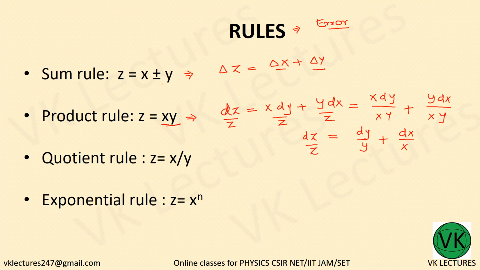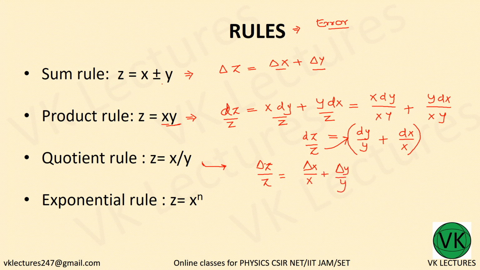But we want dz. What you have to do is multiply this value by z. This is how you can find it out. Similarly, if z is equal to x by y, delta z by z is equal to delta x by x plus delta y by y.